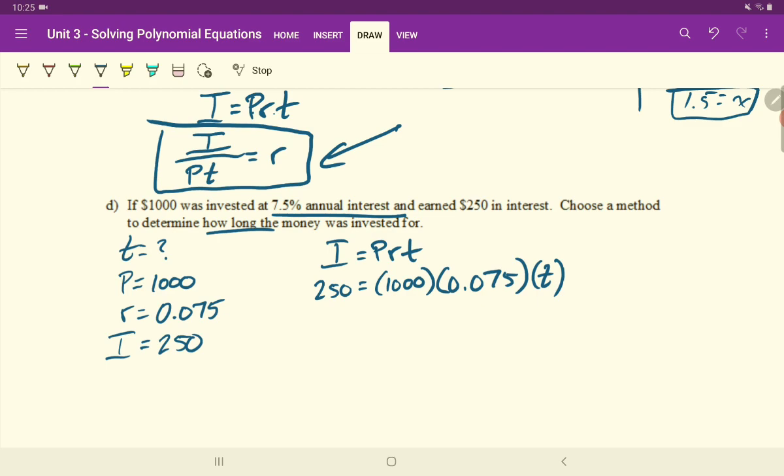So first thing is, again, see, here's where we can simplify things down a little bit, right? Because we can multiply 1,000 times 0.075 before we even start rearranging this. So it's an easier rearrange. So this just ends up being 75 times t. And now this is a pretty easy equation to solve for t. So t is equal to 250 divided by 75.